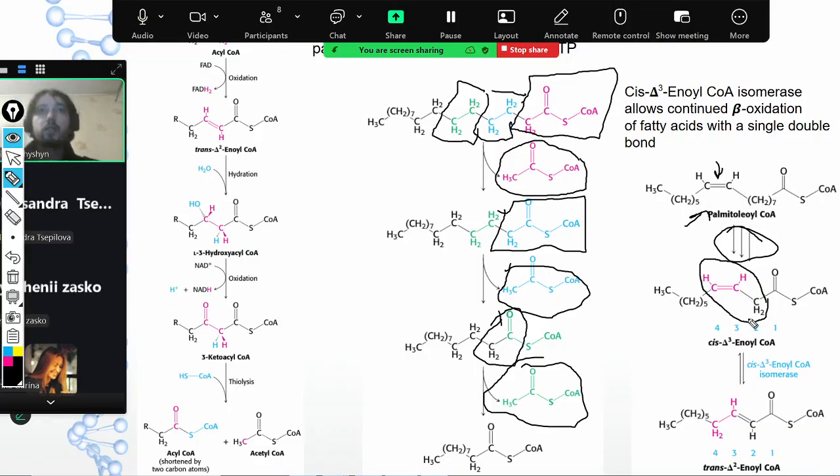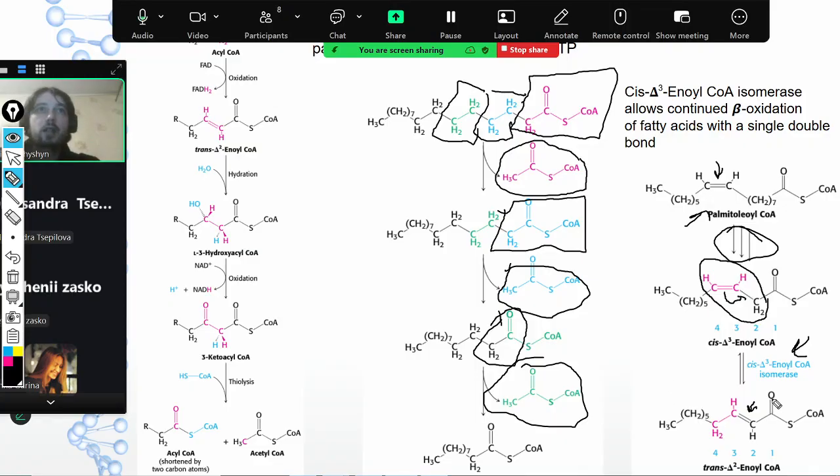And that's a bit of a problem. So now we should do something with that. And here you see the cis delta 3 enoyl-CoA isomerase moves this bond from here to here. So here you see this double bond was moved.